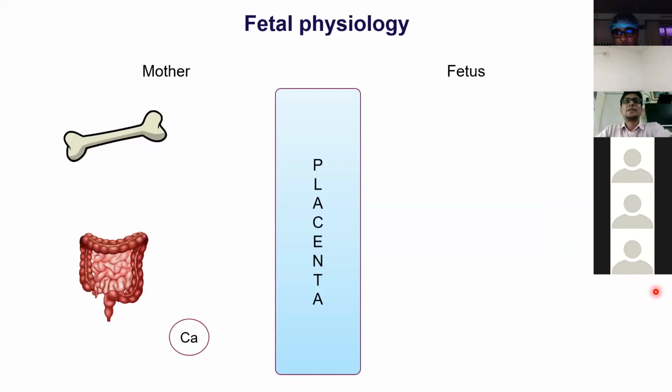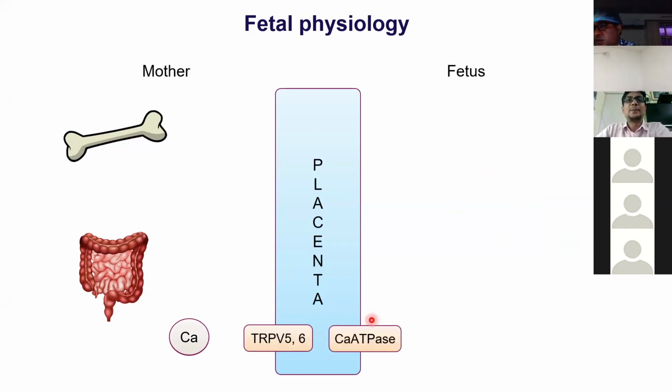Now when we talk about fetal physiology, the maternal to fetal calcium gradient is high on the fetal side. So the passage of calcium from mother to fetus has to be through active transport, where TRPV5 and TRPV6 along with calcium ATPase channels play an important role in passing calcium from mother to fetus under the influence of parathyroid hormone.